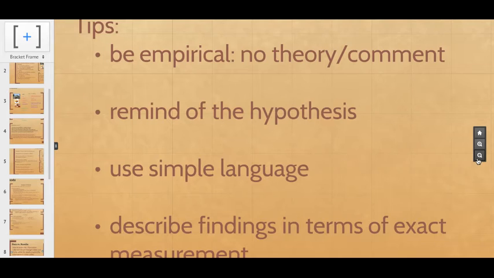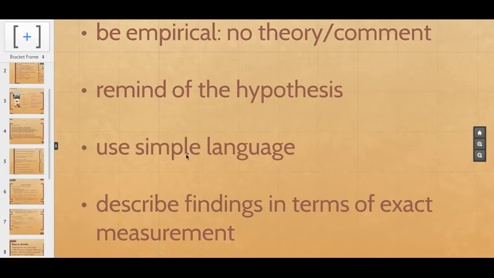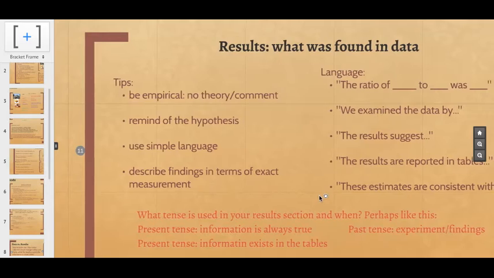So the language in the results section is a little bit different. You want to use very simple language. You're going to describe the findings in terms of exact measurement. You're almost like a robot. You're not a human in this writing. You're just stating facts. So the language is like this.